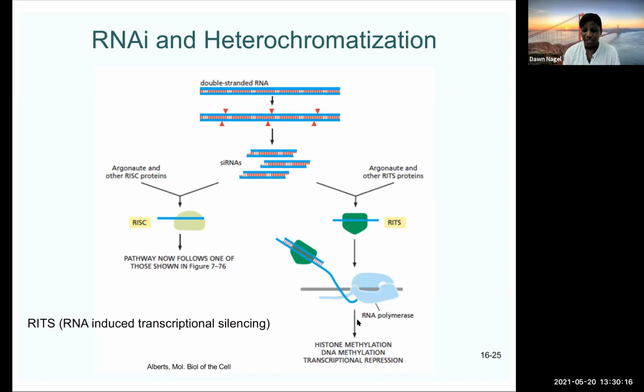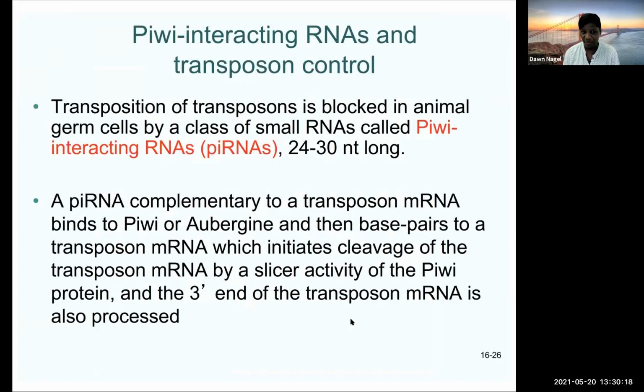There's another method to help silence that uses, instead of siRNAs, these piRNAs. And these ones are very effective at blocking transposons, particularly in the germ cells, okay? You don't want transposons moving around in your germ cells, right?